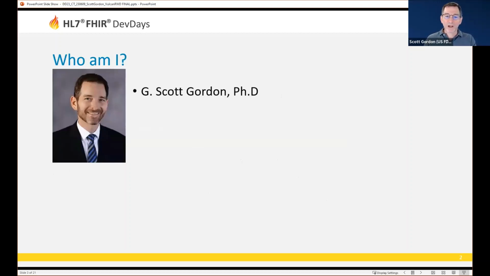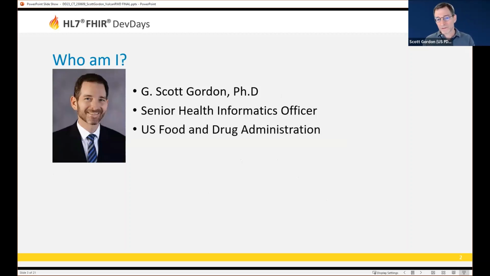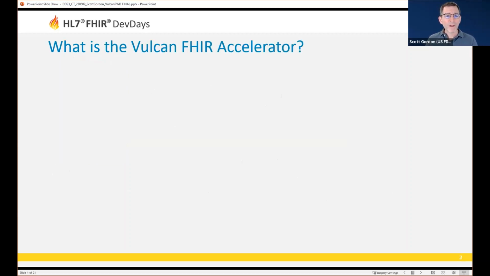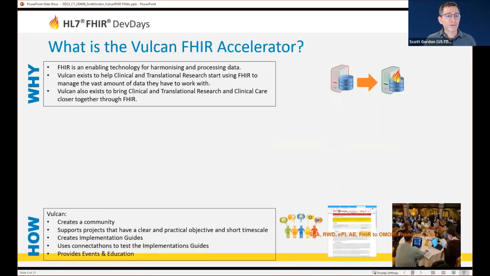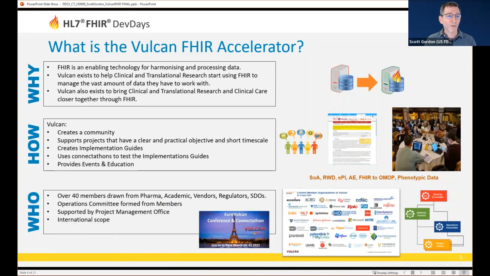My name is Scott Gordon. I'm Senior Health Informatics Officer since 2016 at the U.S. Food and Drug Administration. Michelle already gave this overview, so I'll be brief. The bottom line is the Vulcan FHIR accelerator is focused, summarizing broadly, on ways to make FHIR useful for clinical research, translational research, and regulatory submissions worldwide.